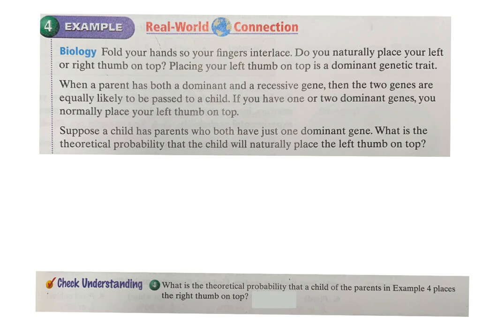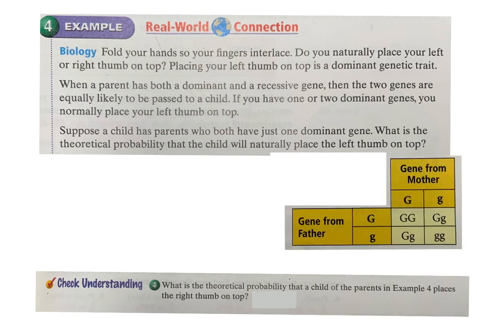All right. So this says when a parent has both a dominant and recessive gene, then 2 genes are equally likely to be passed to the child. If you have 1 or 2 dominant genes, you normally place your left on top. Suppose a child has parents who have just 1 dominant gene. What is the theoretical probability they will naturally place the left thumb on top? And so what you see is, so this is actually just a way to show the probability.